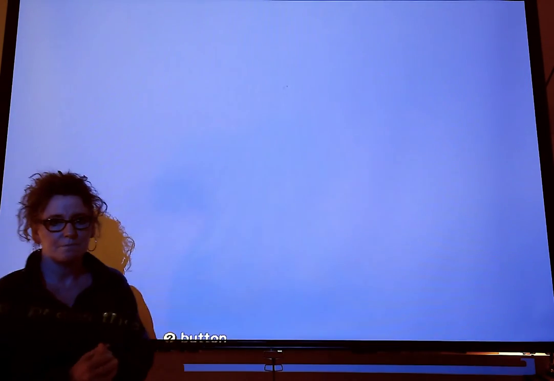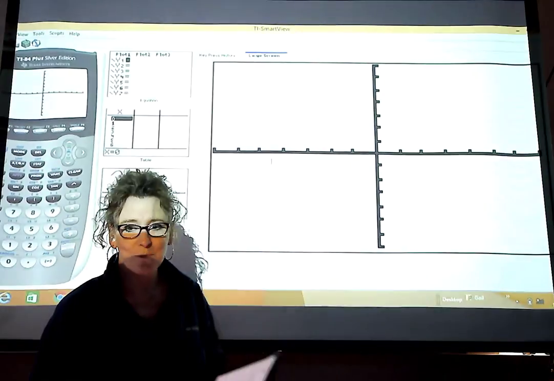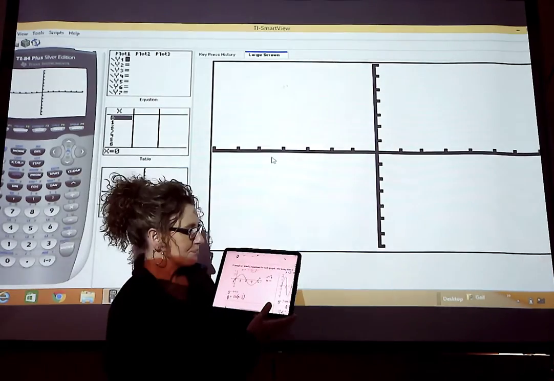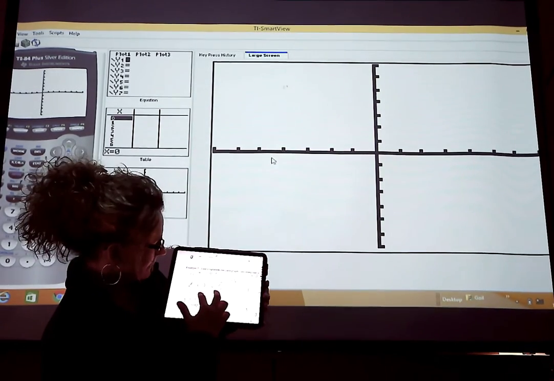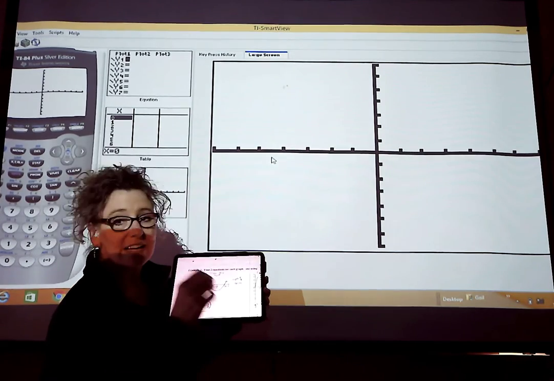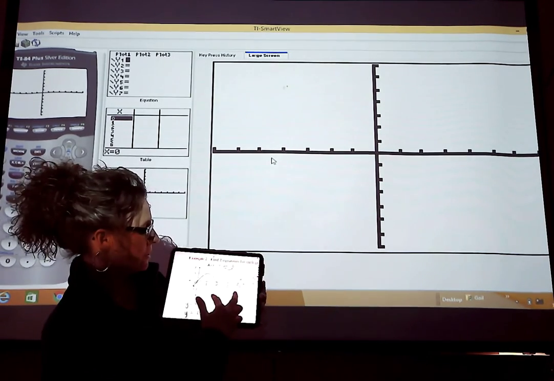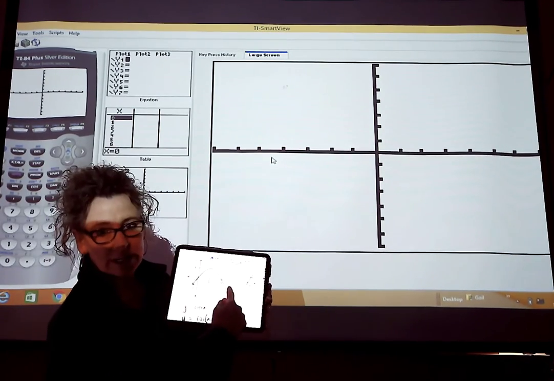There we go. Got my graphing calculator here. All right. On example 1, I want to set up my graphing calculator the way that this graph is set up on example 1.